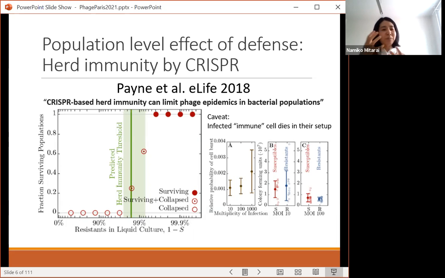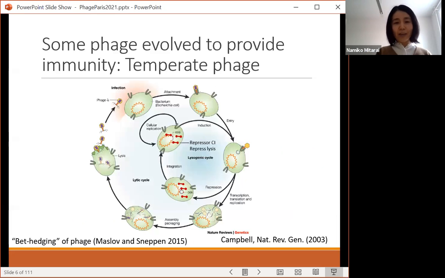So it's a little bit closer to an abortive infection setup. But when we saw this, we thought it was interesting. And when we thought again about temperate phage that brings in true immunity, maybe that can also give herd immunity.